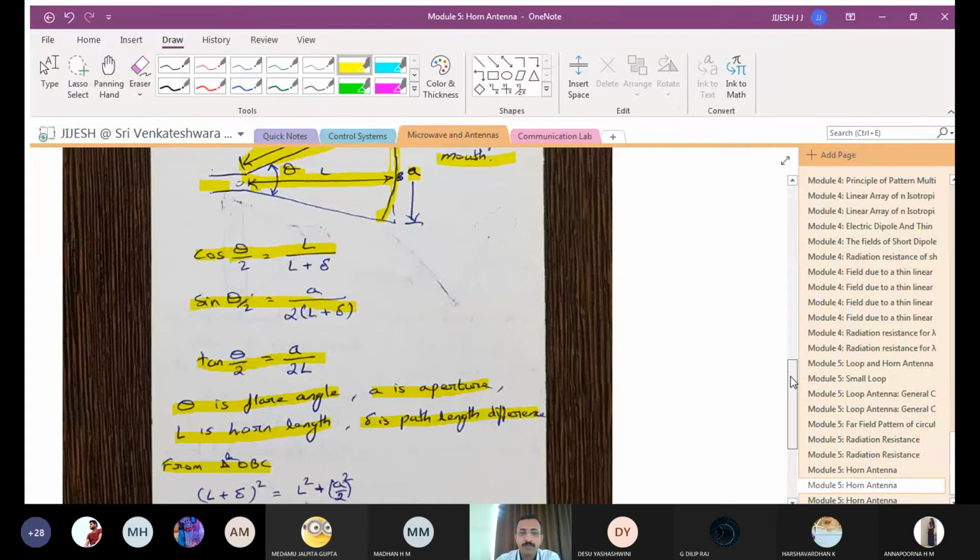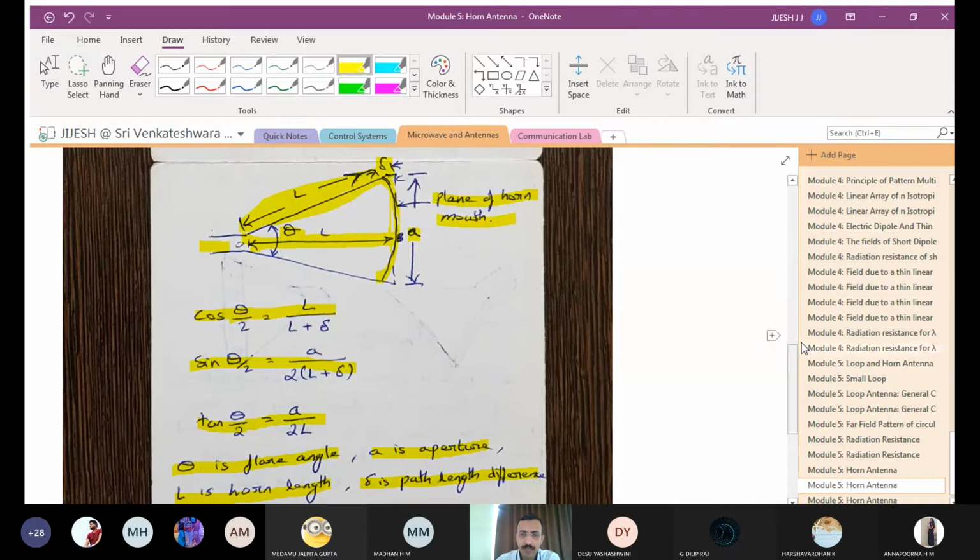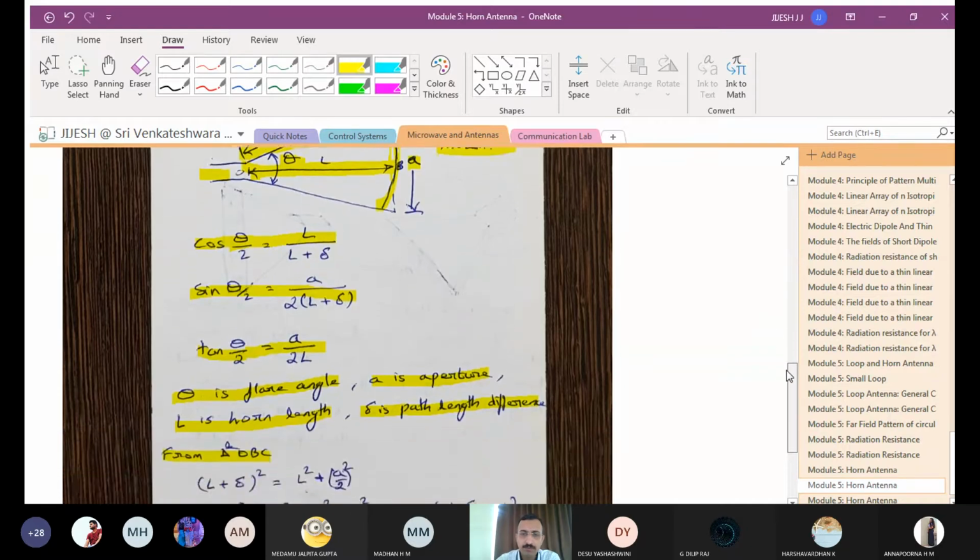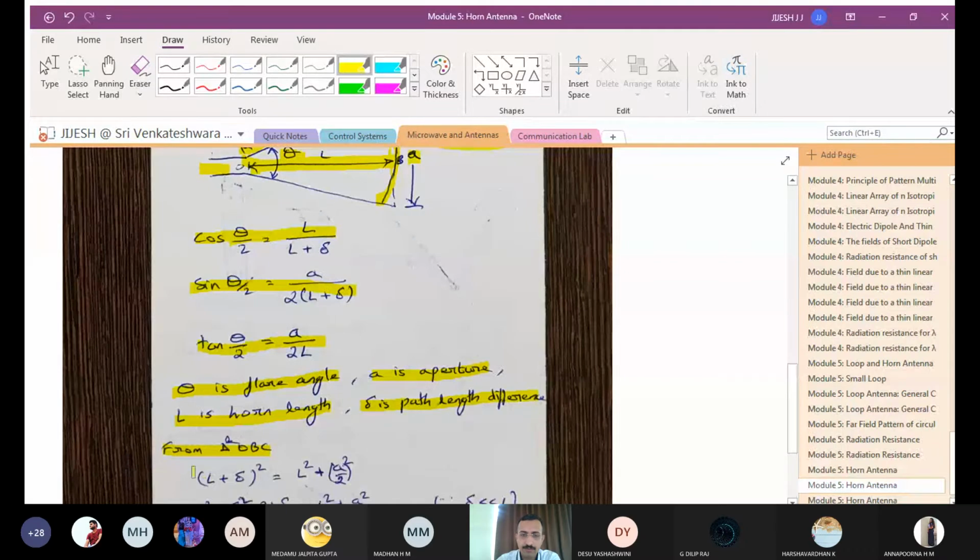What you can write from that: L plus delta whole square can be written as L square plus A divided by 2 whole square.